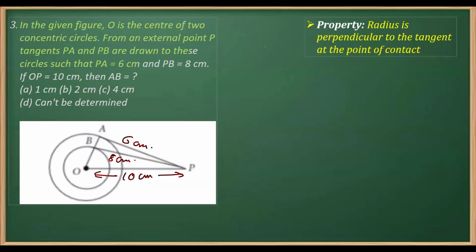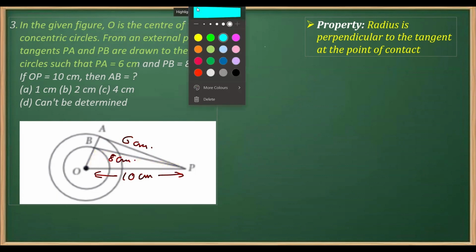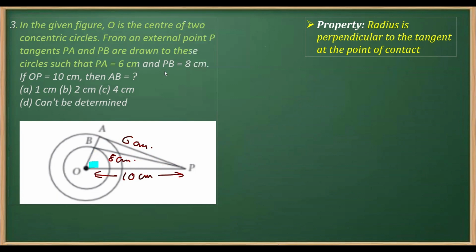It's important to figure out which triangle we should consider first. We need to consider this triangle first, and the reason is that we know the dimensions of two sides of this triangle.